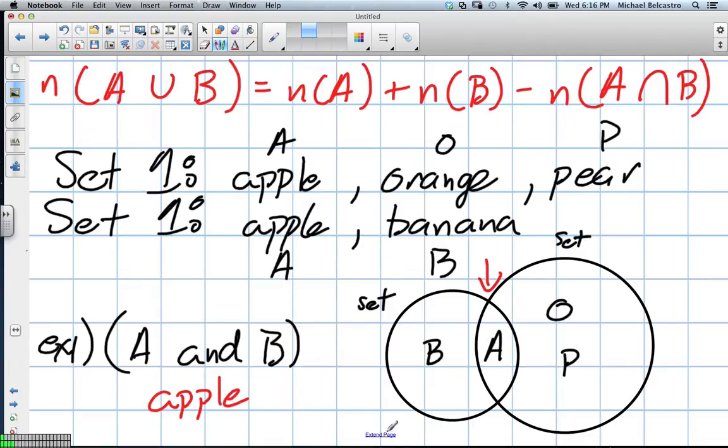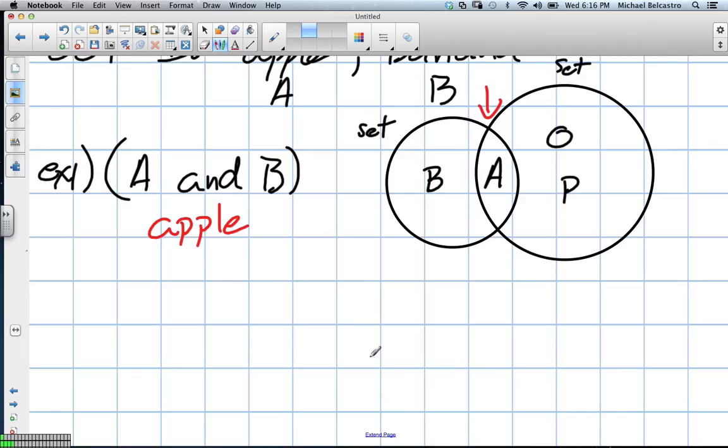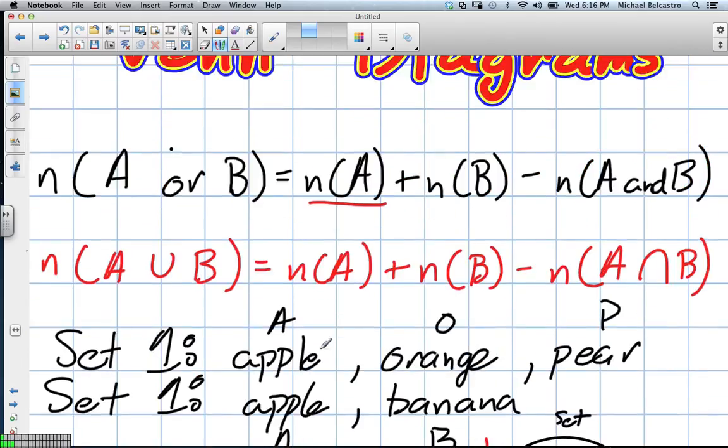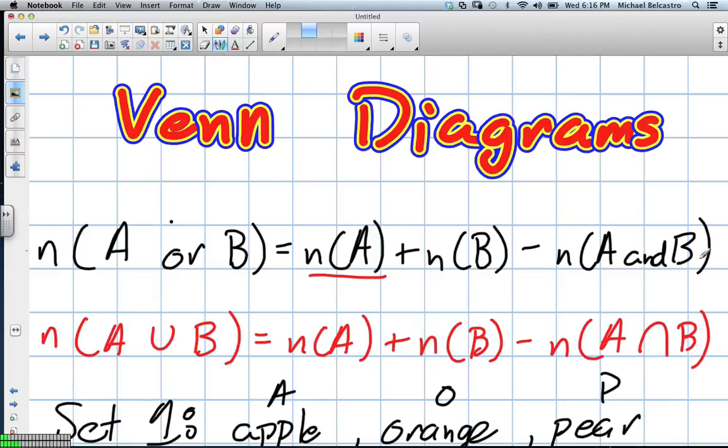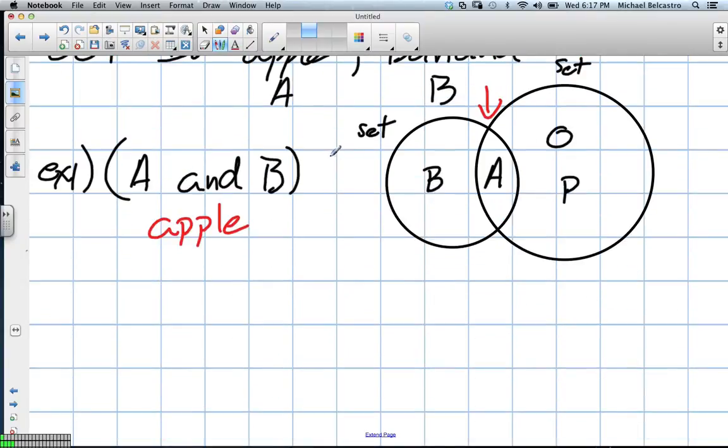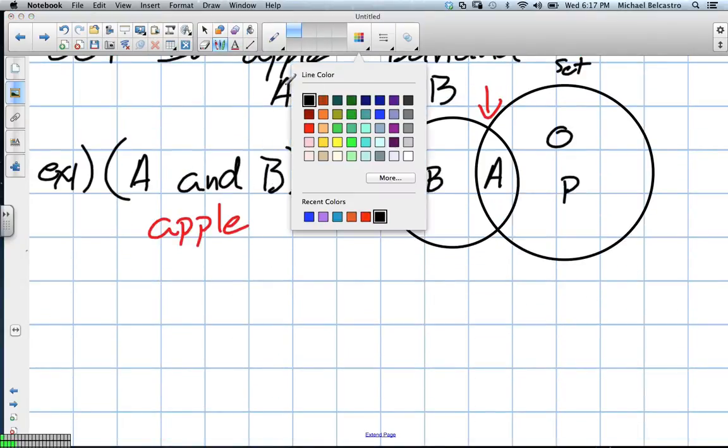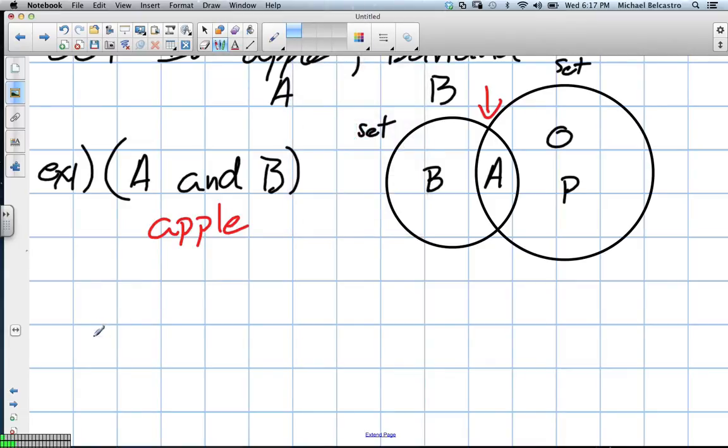The next one is probability of A or B. A or B was our formula over here, okay? That's what this formula is here. It was setting up A or B. And you could always reverse this formula if you needed to. A or B looks like this. So what we're going to do is we're going to take all of the sets of them.